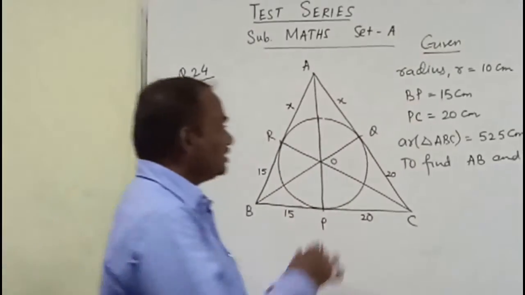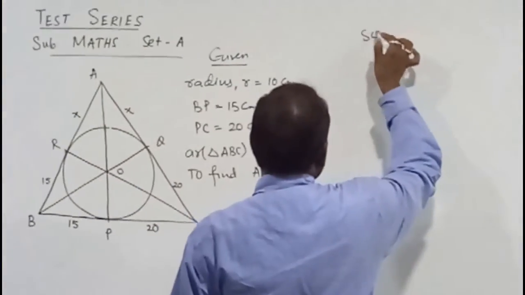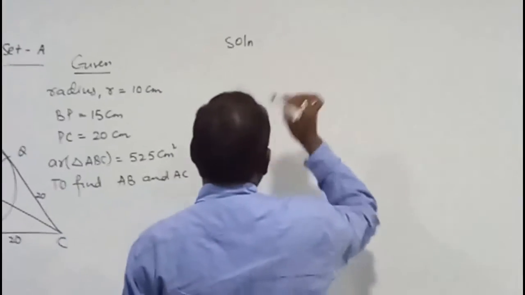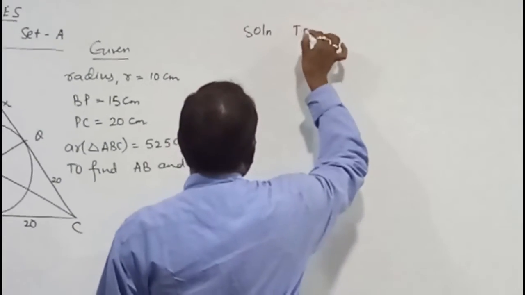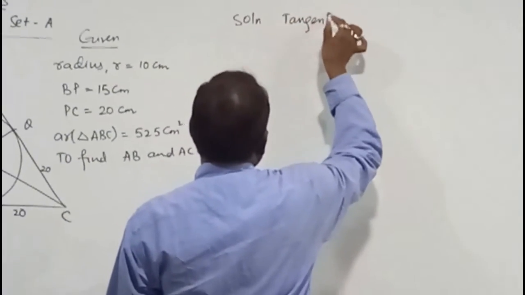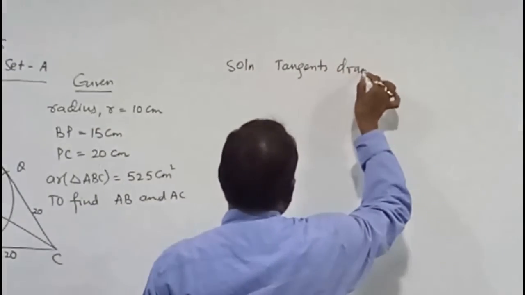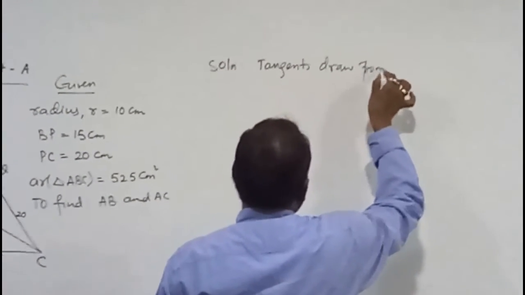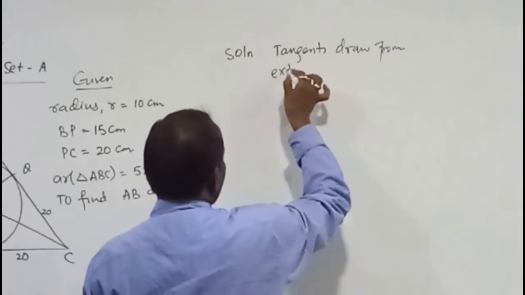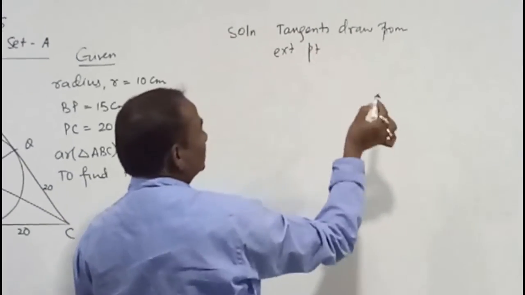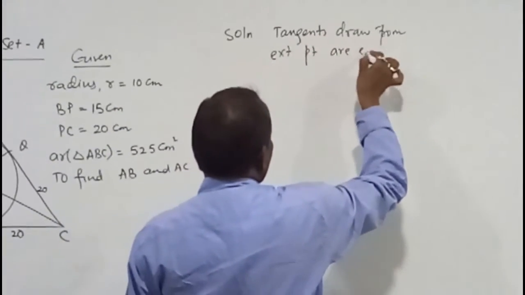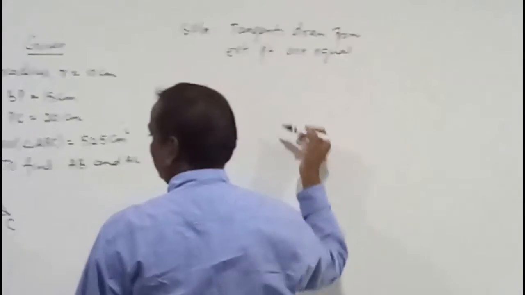So we'll write this first in the solution part. I can say that tangents drawn from an external point, obviously to a circle, are equal. In short, we can mention it this way.